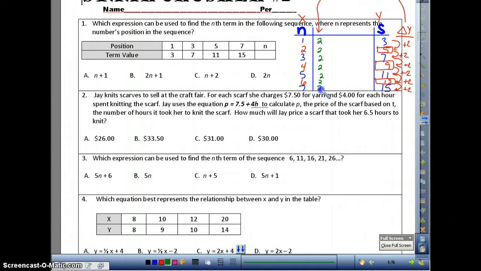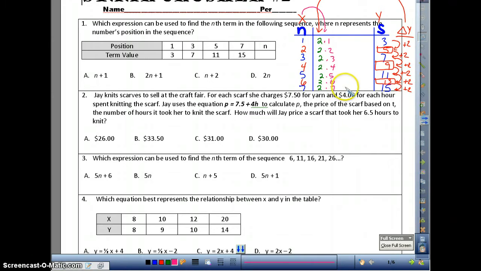And then the next thing I told you is to take your x values and multiply: multiply by 1, by 2, by 3, by 4, by 5, by 6, by 7. Now, after you do that, you may add or subtract an adjustment.